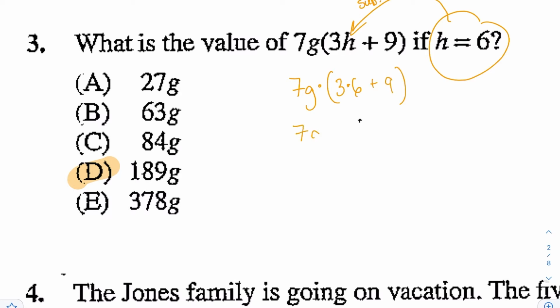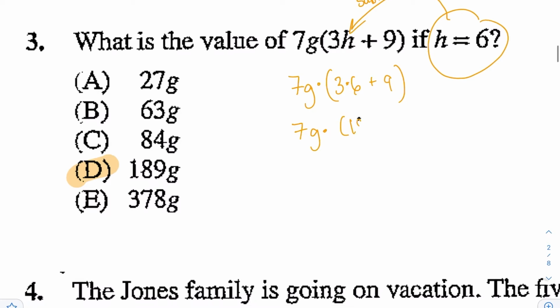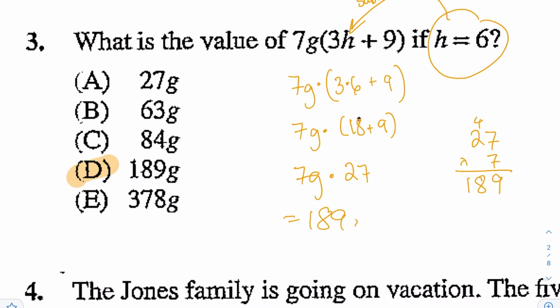So that would be 7g times 18 plus 9, or 7g times 27. So 27 times 7, that would be 189. So you have 189g. And that's choice D.